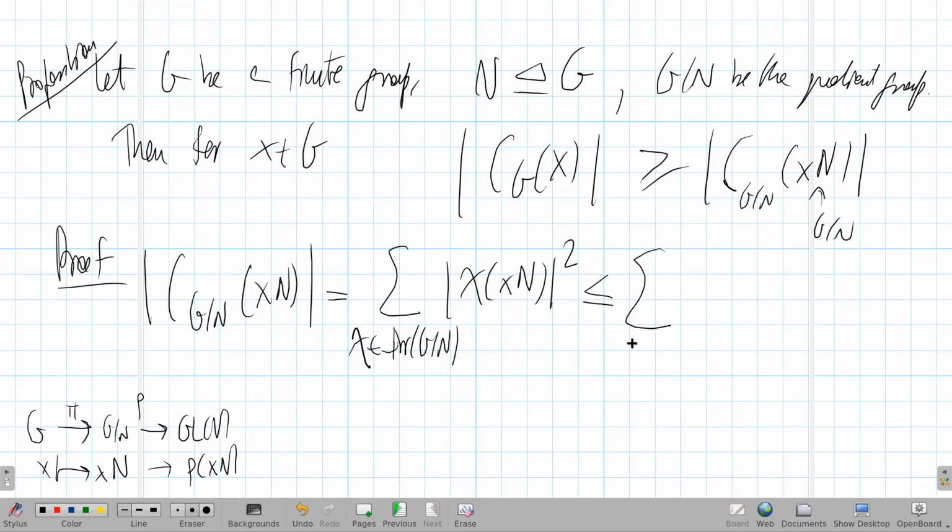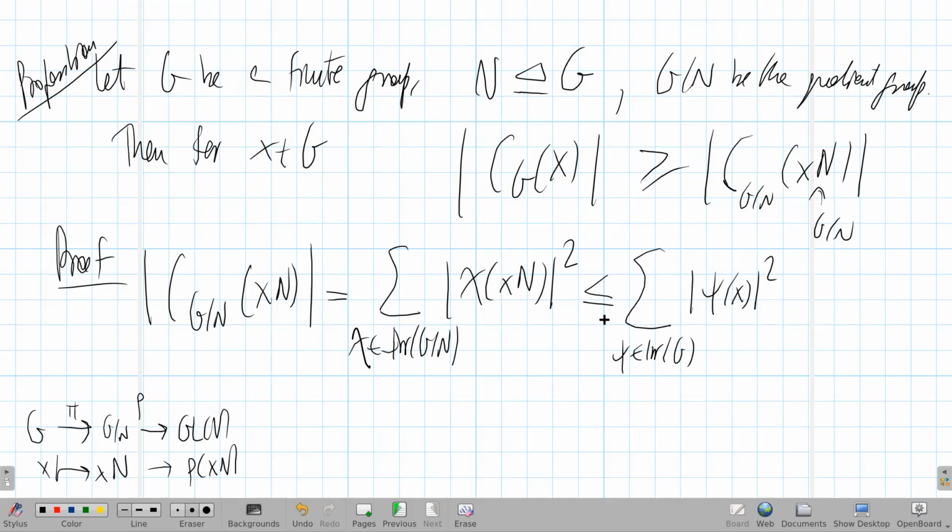So let's write this as the sum over psi, the irreducible characters of G, of psi of x squared. All these become irreducible representations of G, but there may be others. So this is less than or equal to. Note that this is a positive number, so you're summing positive numbers.